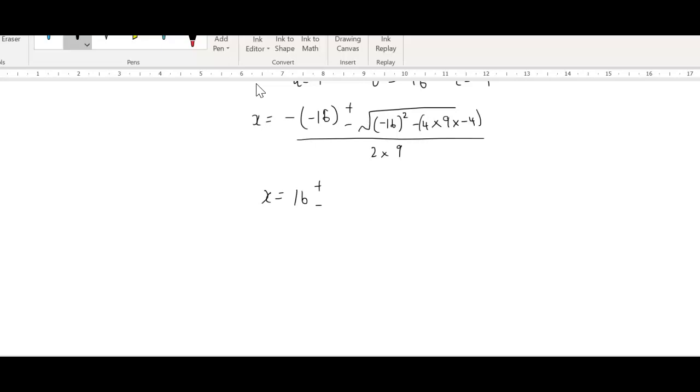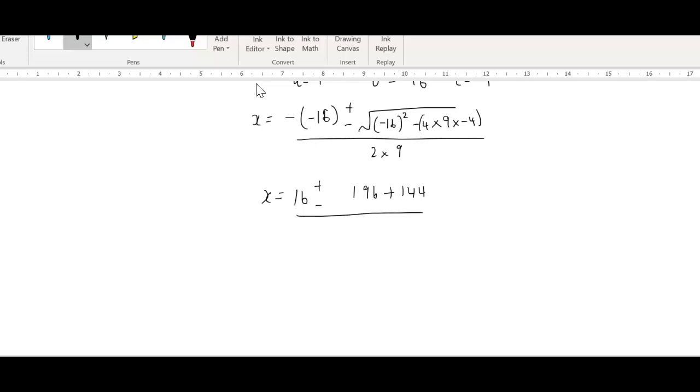16 squared is 196. And then 4 times 9 is 36, 36 times 4 is 144, plus 144.